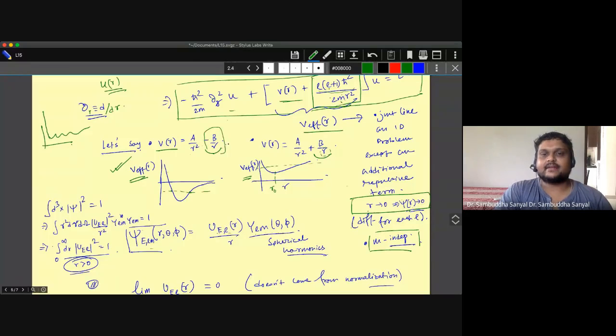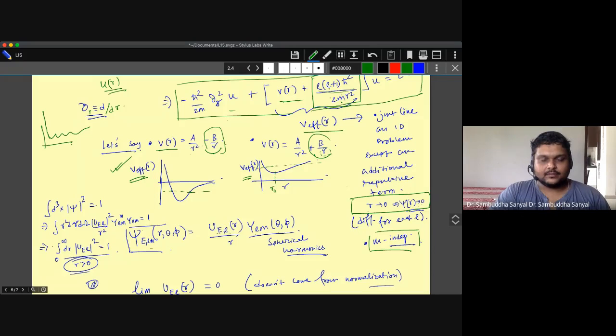This is an attractive potential. This is a repulsive potential. Look at some other potentials. Try to draw the effective potential, and then you know what kind of equivalent 1D problem it represents, and what kind of property this 1D problem will have, that you know from your experience of solving various 1D problems. That is the purpose of this exercise.